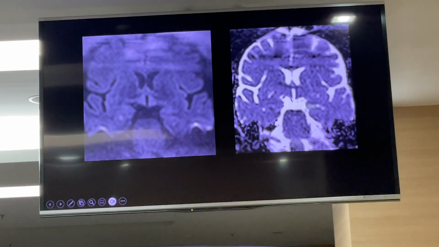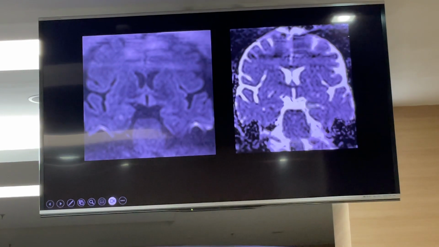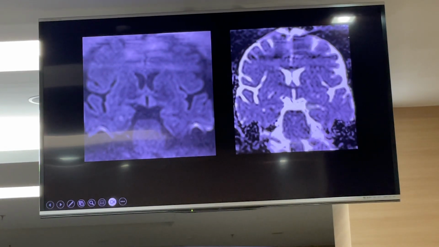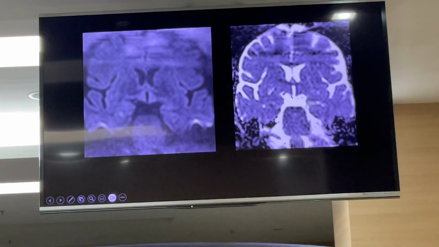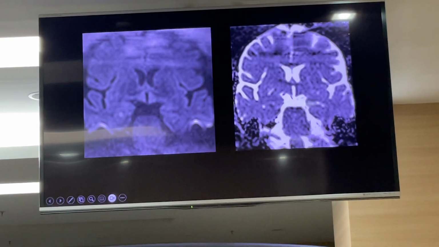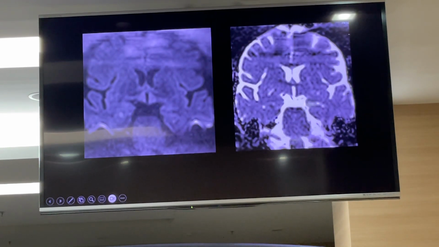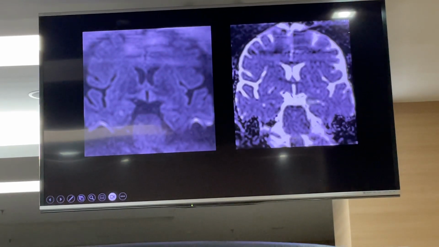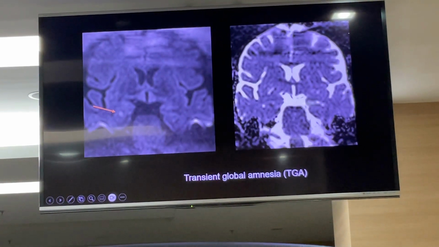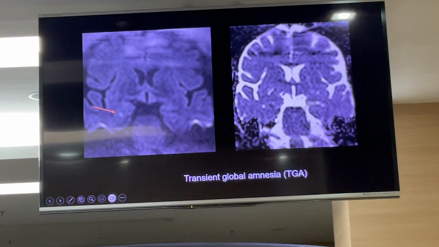Actually, this lesion is not accurately seen on the axial image because the scanner may be very old. So our resident tried to demonstrate it in another plane, like a coronal view, to confirm that the lesion is true. We call this transient global amnesia.